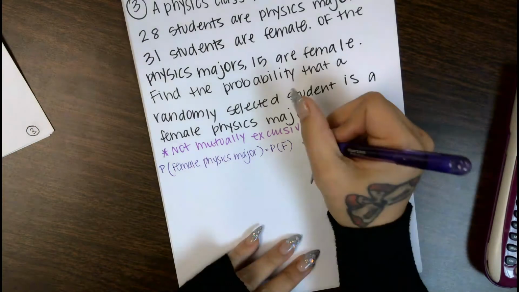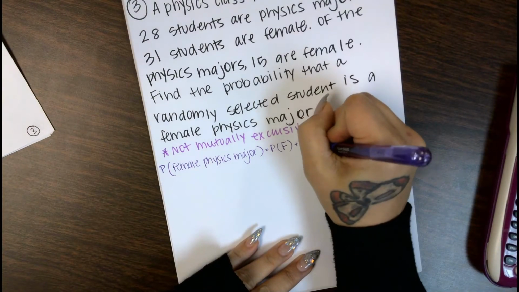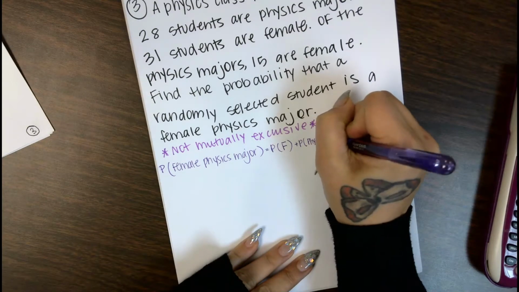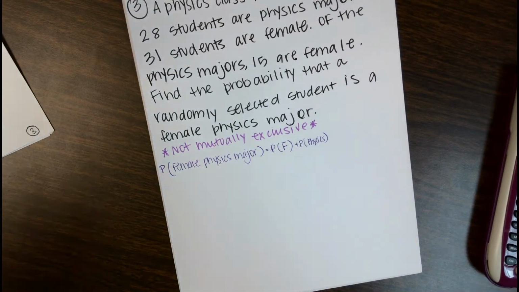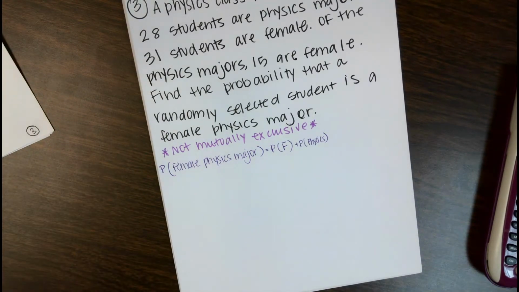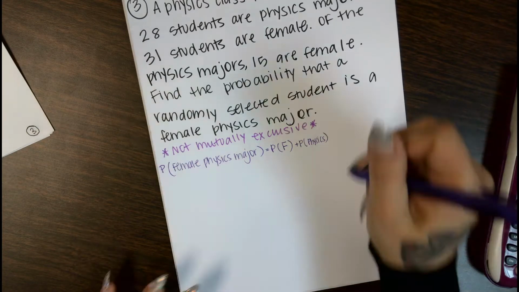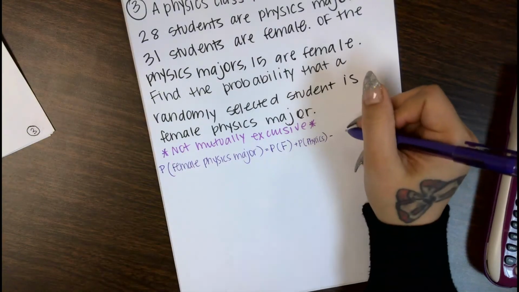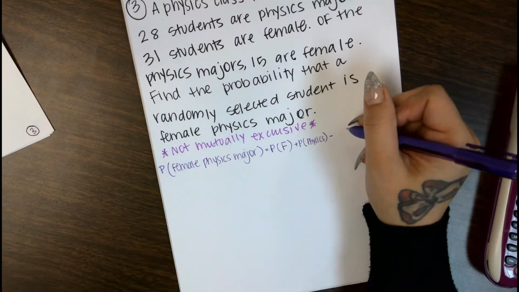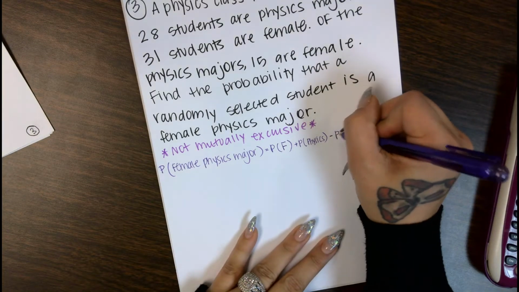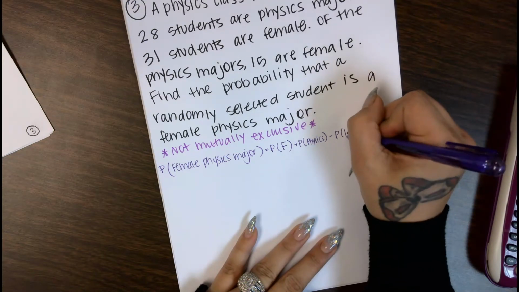I just wrote physics because that should make sense, okay? Probability that it's a female, probability that they're majoring in physics, and then because there is an overlap in these events, I need to subtract one of the occurrences that they're both, okay? Because I don't want to count them more than once. So the probability of F and physics.